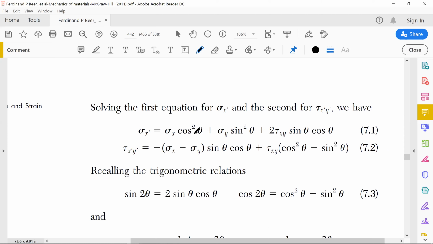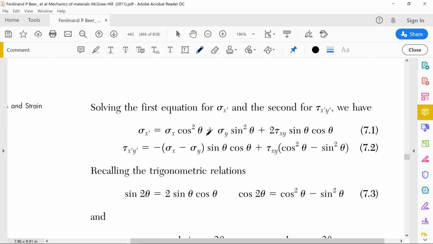when we were dealing only with sigma x, right? So if we make sigma y and tau xy 0, sigma x prime will be sigma x cos square theta, which we derived in chapter 1 as well as discussed today, just to revise, right?